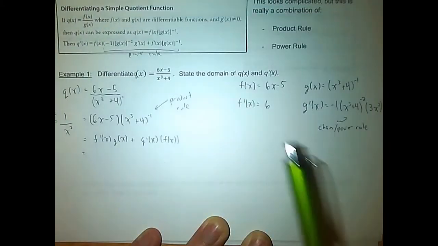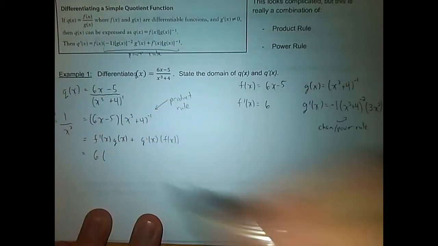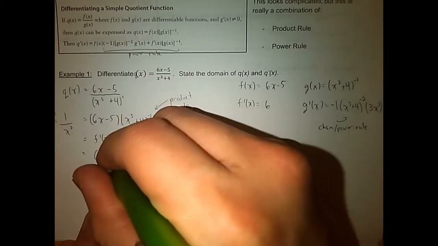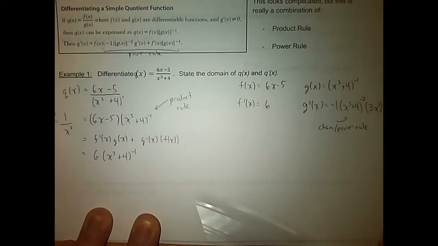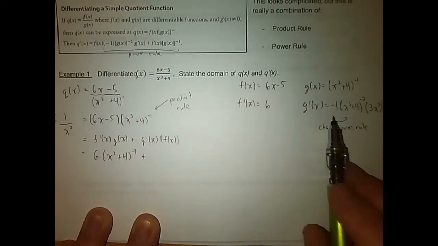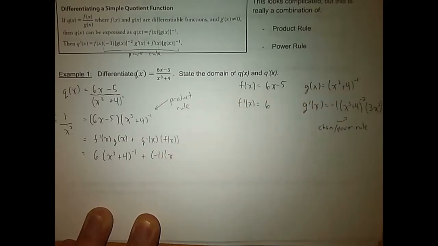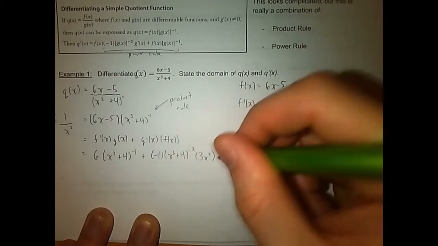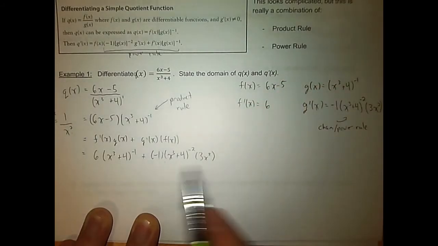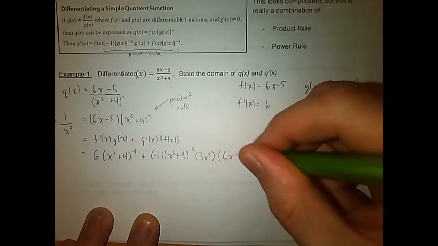So we have f prime at x, we said is 6, and then we have g at x being this, plus g prime at x, which we said is this whole thing, and this is the g prime at x, so this has to also be multiplied by f at x, which is this.